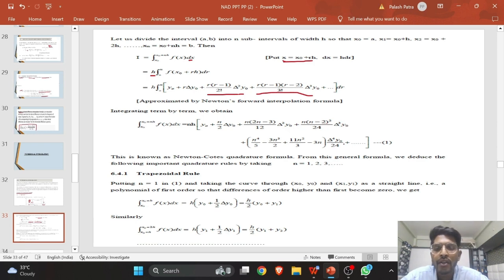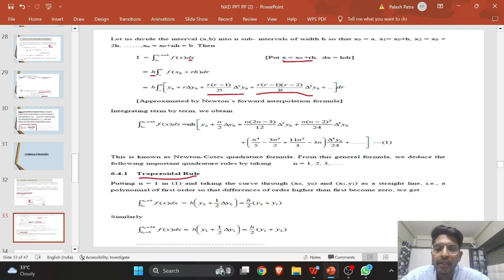And now we put the values as n equal to 1, n equal to 2, n equal to 3, and so on. When we put n equal to 1, the trapezoidal rule comes into play. Taking the curve through x0, y0 and x1, y1, we get the trapezoidal rule.